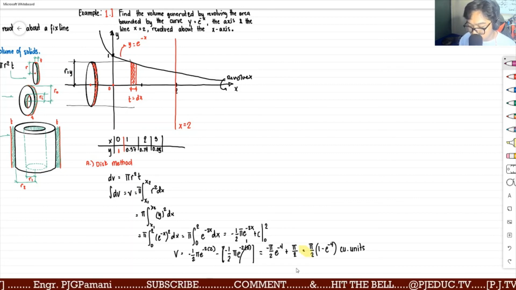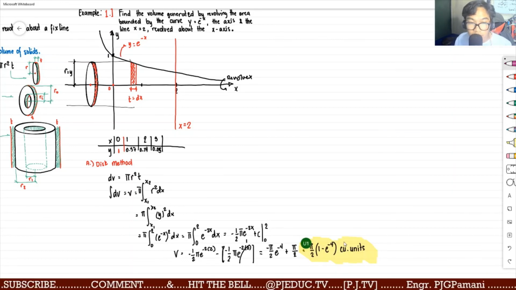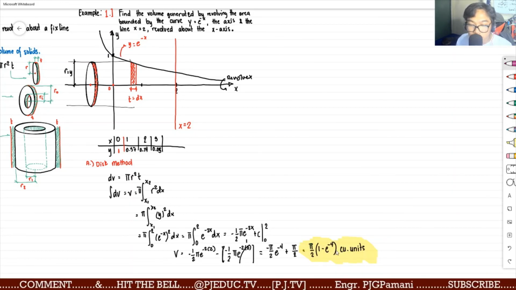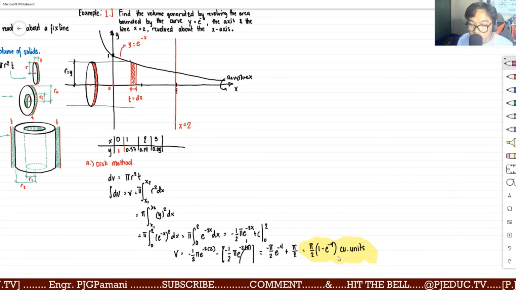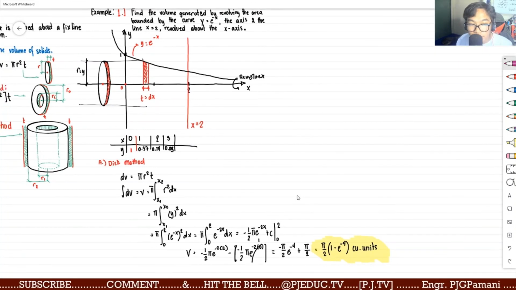Again, don't forget yung cubic units. Huwag i-decimal yung answer. Okay? So, final answer, pi half times 1 minus e raised to negative 4 cubic units. Cubic units. So, using this method.